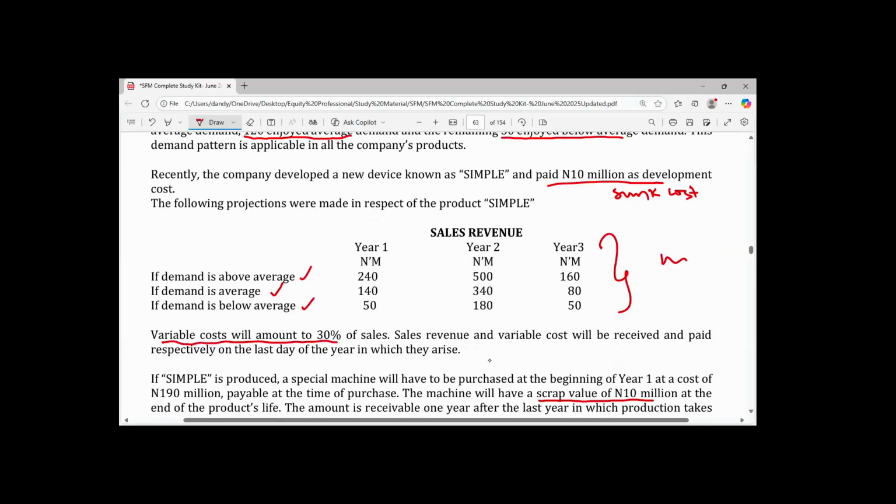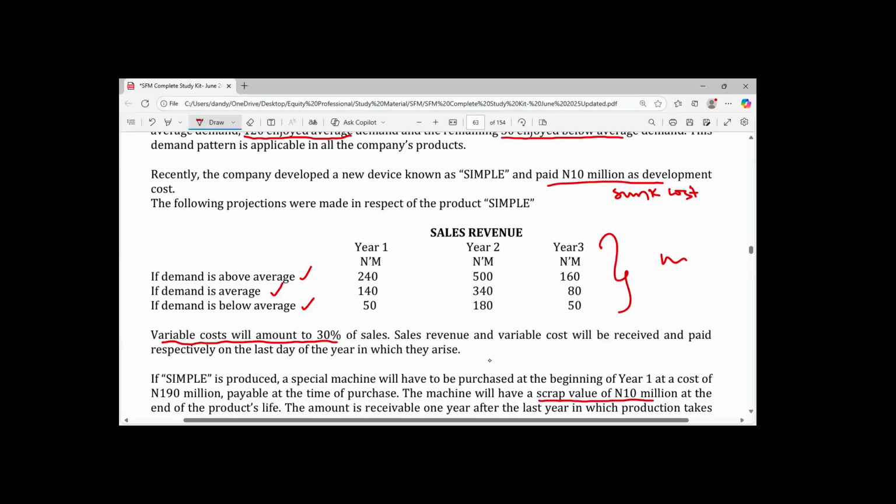So I can decide to calculate expected value, then multiply by 30% to get the expected variable cost. If I don't want to follow that route, after calculating my expected sales, then if variable cost is 30%, contribution will be 70%. I will just multiply 70% with the expected sales. I will get my expected contribution.